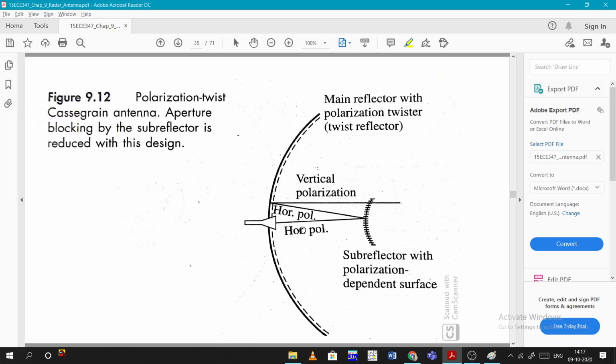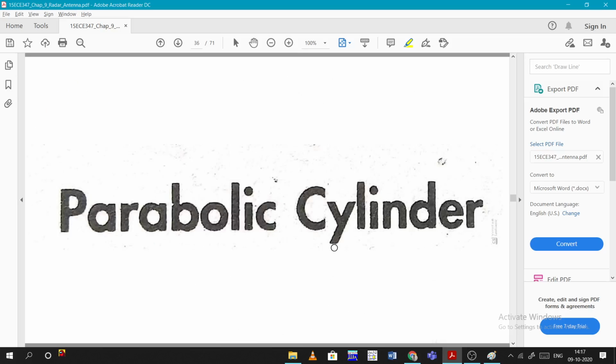A horizontally polarized wave is sent, and if the layer is horizontal only, it will only send back the horizontally polarized wave. Think of it as a vertical polarized layer. So what happens? There will be a twist. This horizontal will be twisted to vertical, and that's why it is called a twist reflector. It will change this horizontal to vertical, and it will transfer.